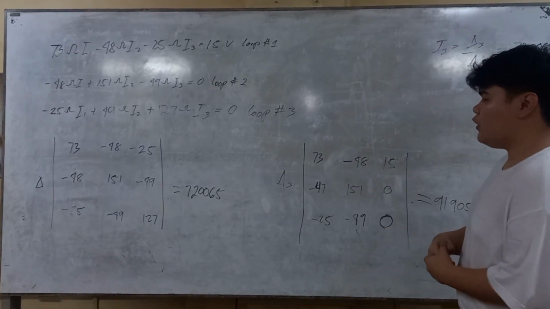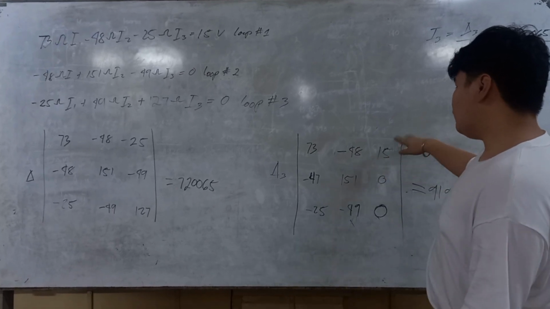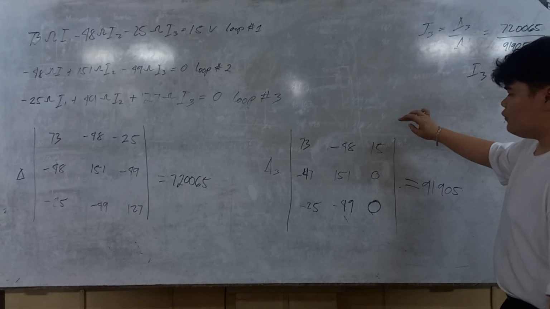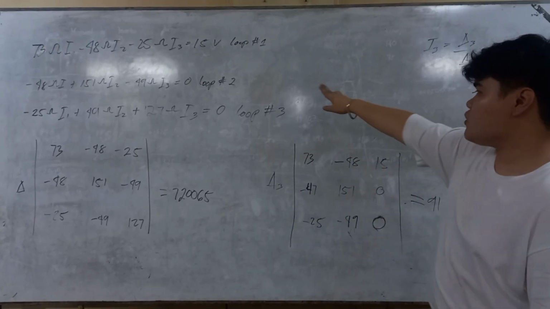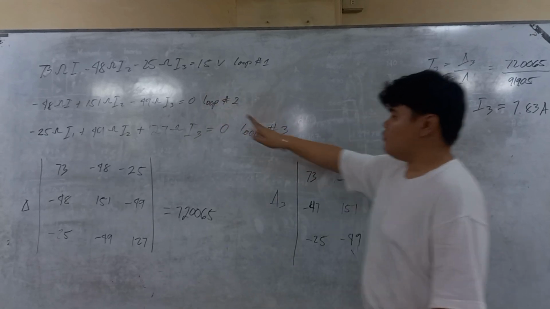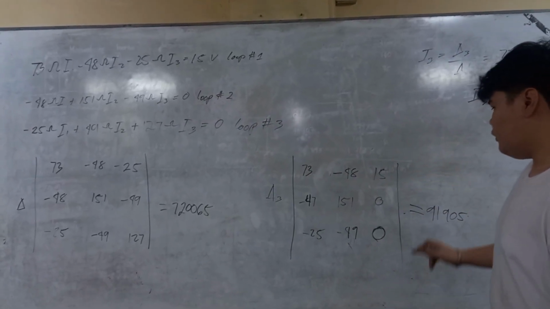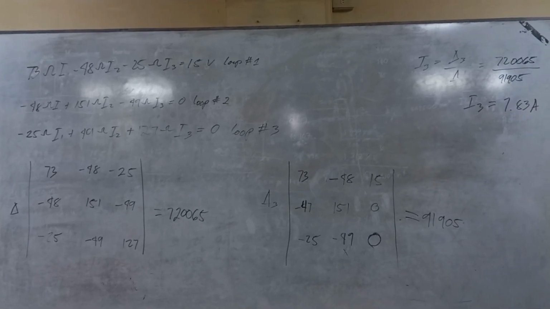And for theta 3, we just need to edit the last row to its equal in volts. So theta 3 is equal to 91,905.